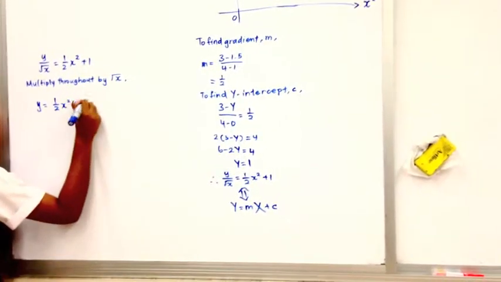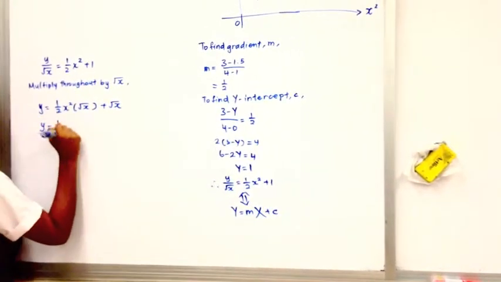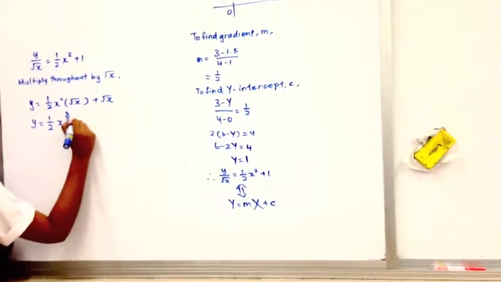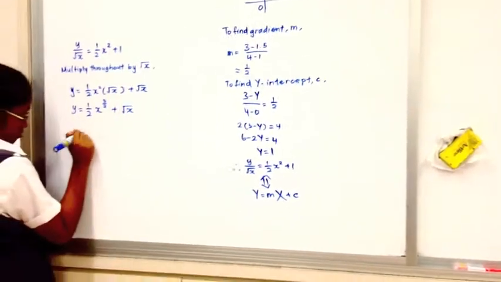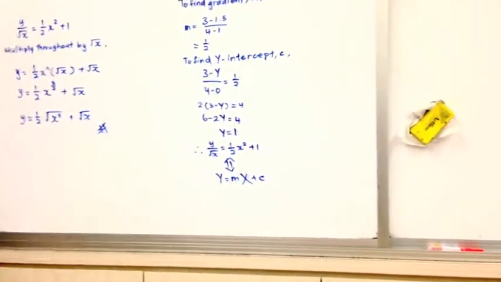Multiply throughout by root x. Y equals half x squared times square root x plus square root x. Hence, y equals half x to the power of 5 over 2 plus root x.